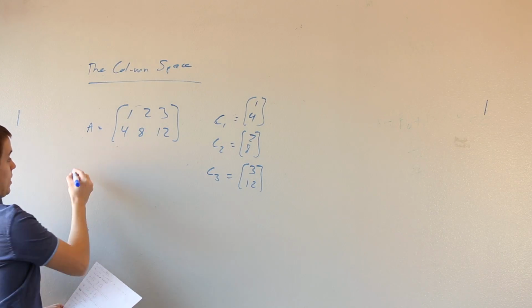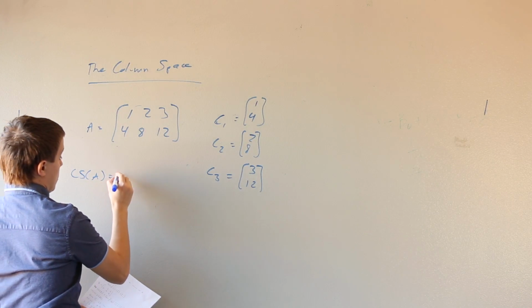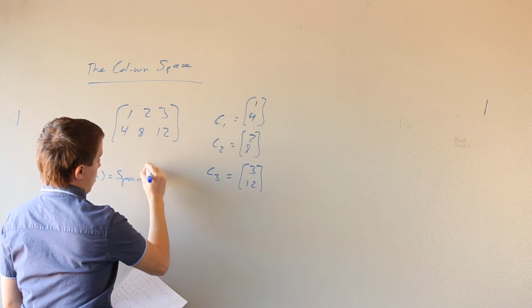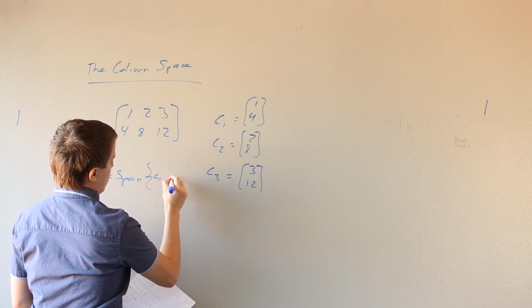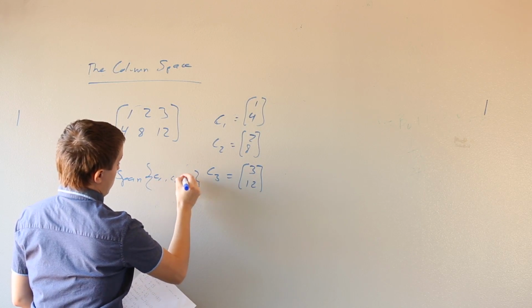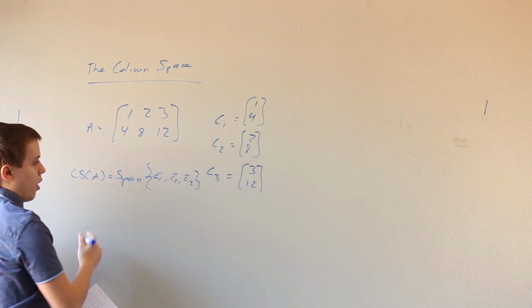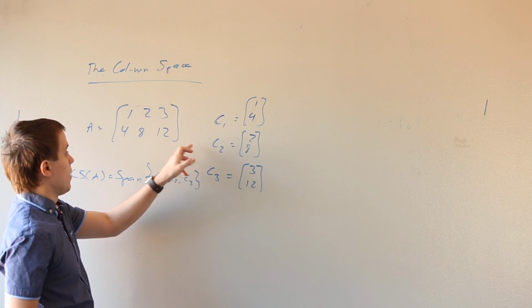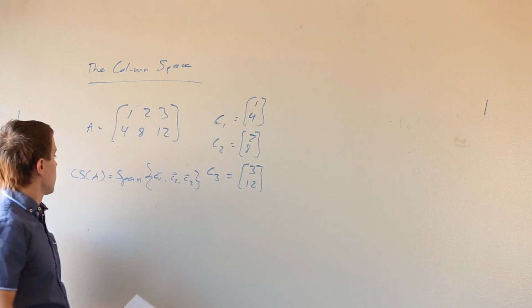So we can say that the column space of A is equal to the span of C1, C2, and C3. We can also say that the columns of A span the column space.